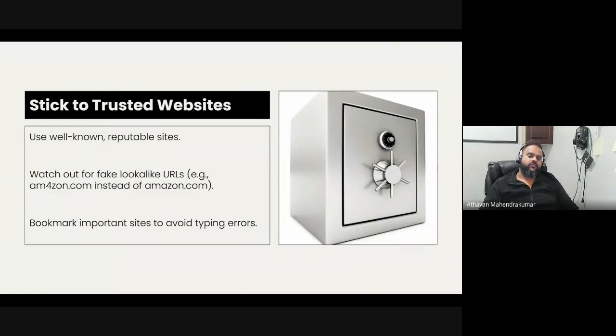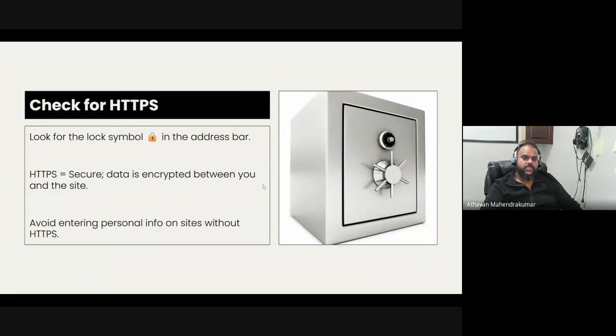Bookmark important sites to avoid typing errors. Check for the HTTPS sign, a lock symbol in the address bar. Some browsers nowadays do not show you this, but they definitely give you a warning if it's not HTTPS, saying this is a non-secure site. It's a big warning. Avoid entering personal information on a site without HTTPS. If you don't see the S, it becomes non-secure.